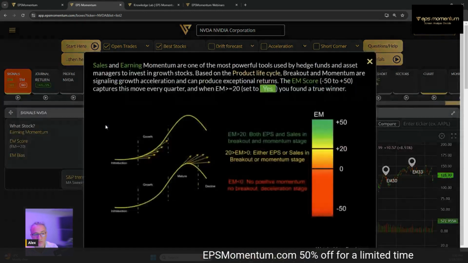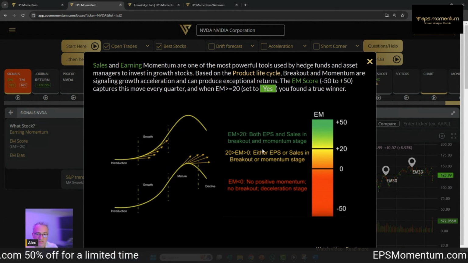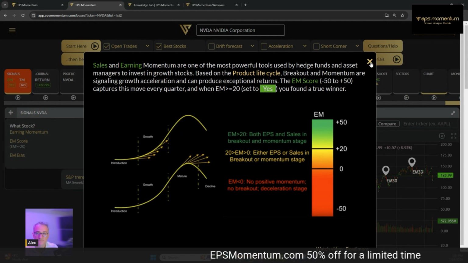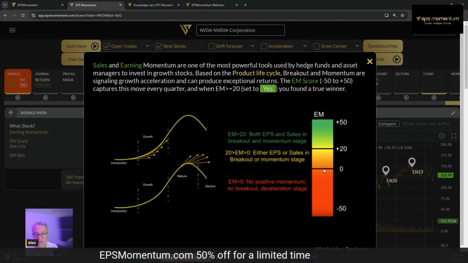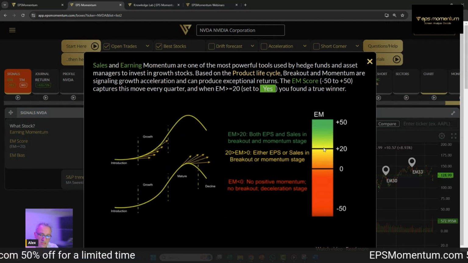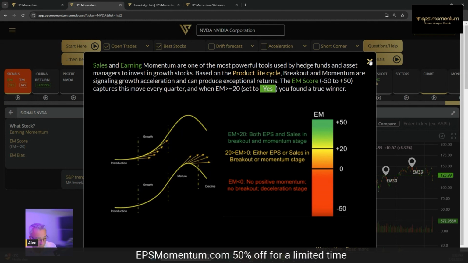But the important thing to remember is that EM scores contain between minus 50 and plus 50. It tracks, as you can see here, earning per share, sales, momentum, breakout, all of the above. Any stock that is above 0 is great. Any stock that has an EM greater than 20 is absolutely out of the ordinary and exceptional for you to notice.